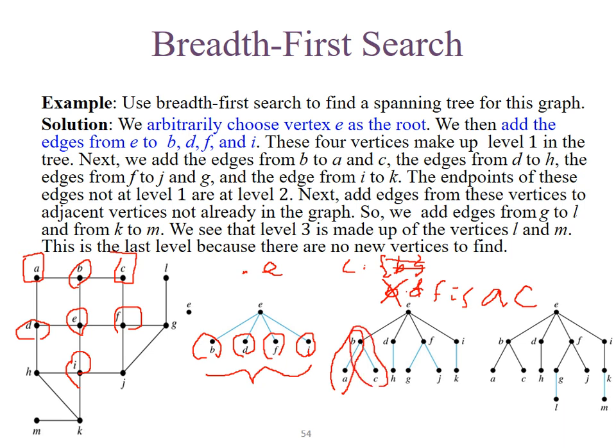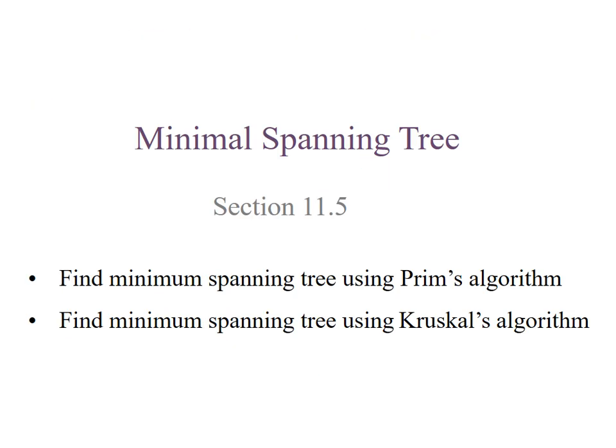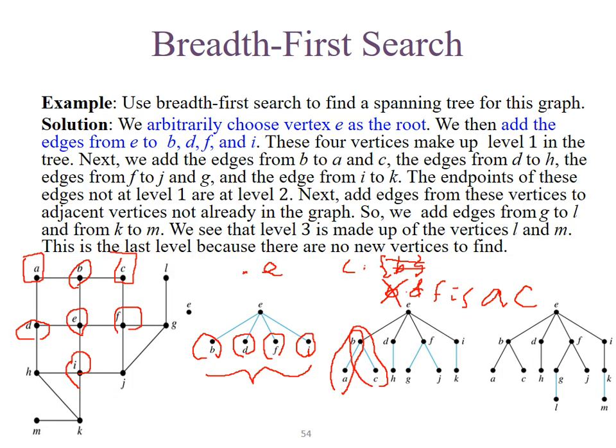And we build the edge BC. Okay, there's one very important thing: once you consider the neighbors of the vertex B, you need to check the vertex is not in L and not in T, then you can add it. For the next iteration, we remove D. The adjacent vertices to D are actually A, E, and H. But if you consider the neighboring vertices A, E, and H, we know A and E are already in the tree, and A is also in the list.